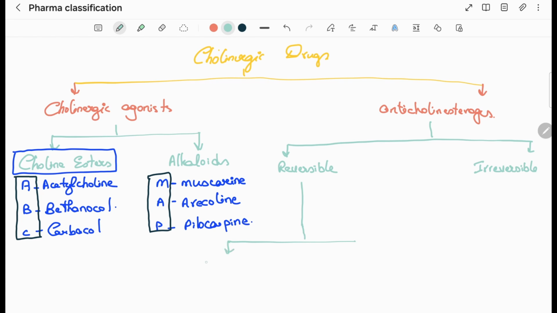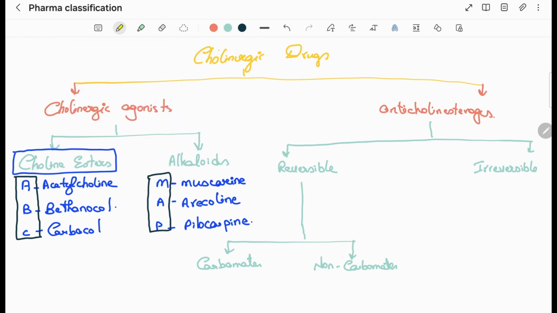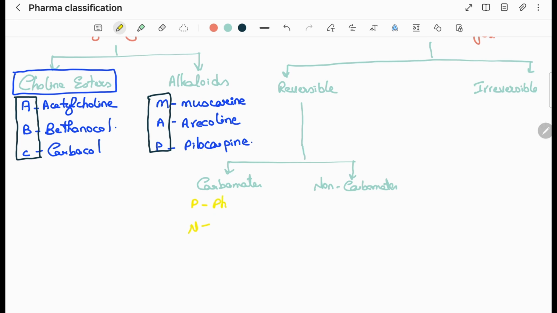First one is carbamates and the second one is non-carbamates. Remember them with a mnemonic called PEN. P-E-N. P for physostigmine, E for edrophonium, N for neostigmine.